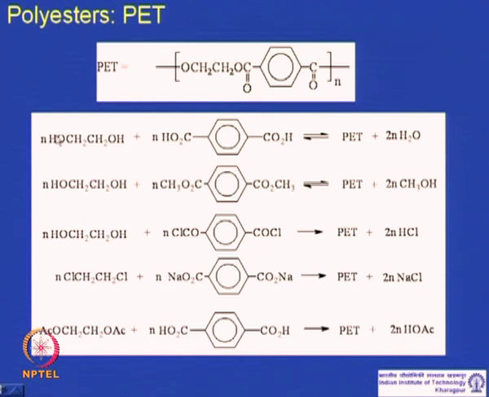But we know this direct esterification of alcohol and acids, or say ester and acid groups, are very slow reactions. So, you require high temperature. So, these two reactions are typically not used commercially.